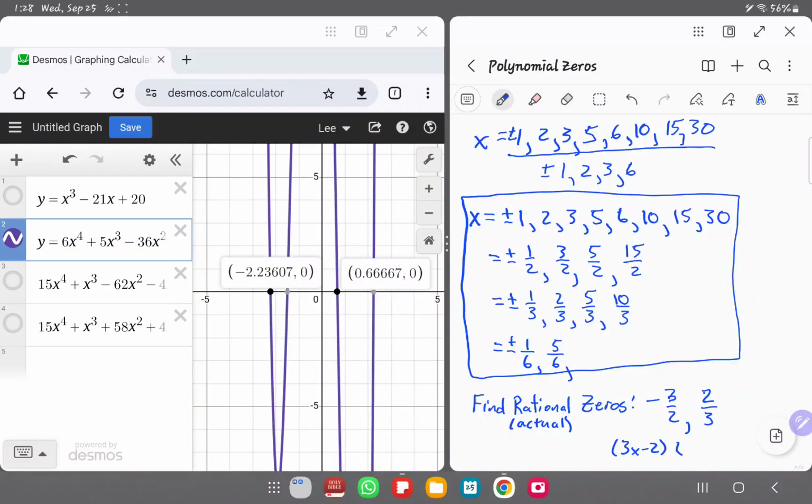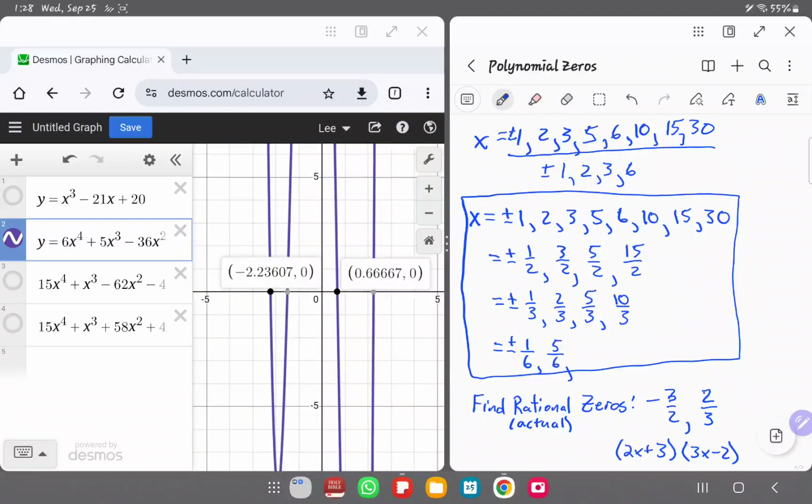Let me do that again, because 3/2 would not solve that guy. This would be a 2x minus 3, or plus 3 for this first factor, and then the other one would be, you could say an x minus 2/3, or even a 3x minus 2. Right. So those would be factors that match up with those zeros.